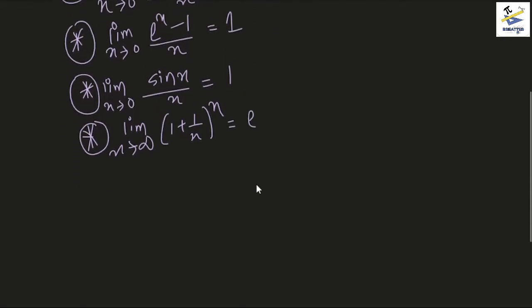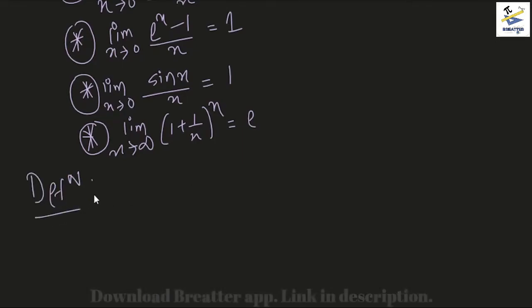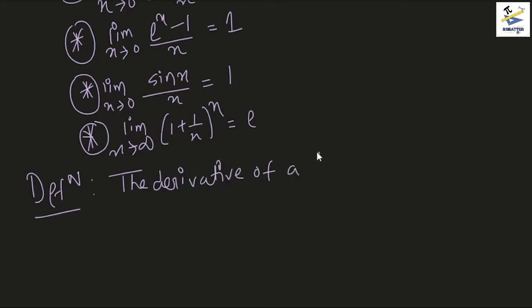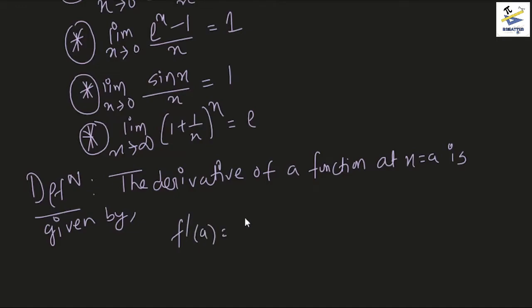And now the definition of derivative, just to recall. The derivative of a function at x equals a is given by f dashed a equals, there are two definitions, I'm going to write both of them.